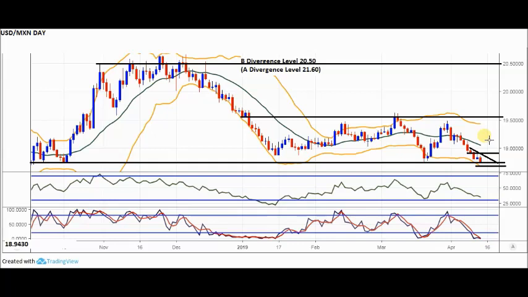So for us, this is one of the best COT divergences we've seen in a good while. And in USD MXN, a divergence of this size just points to a really big move to the upside. So see what happens next week.